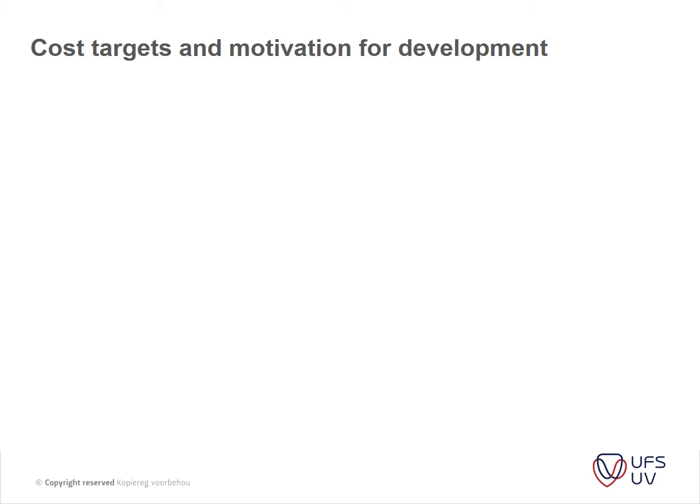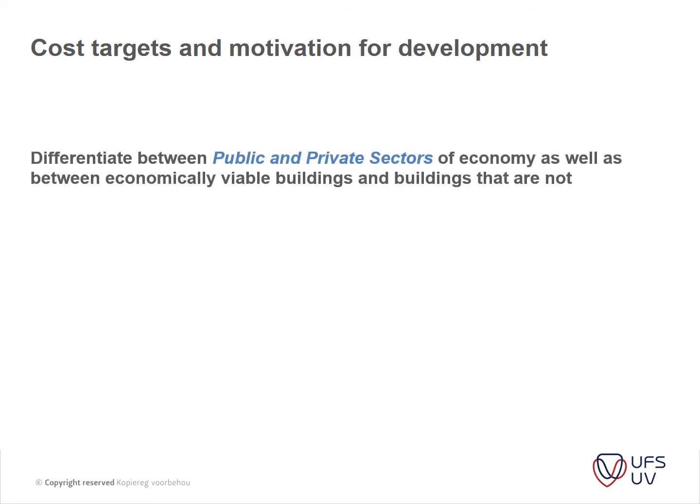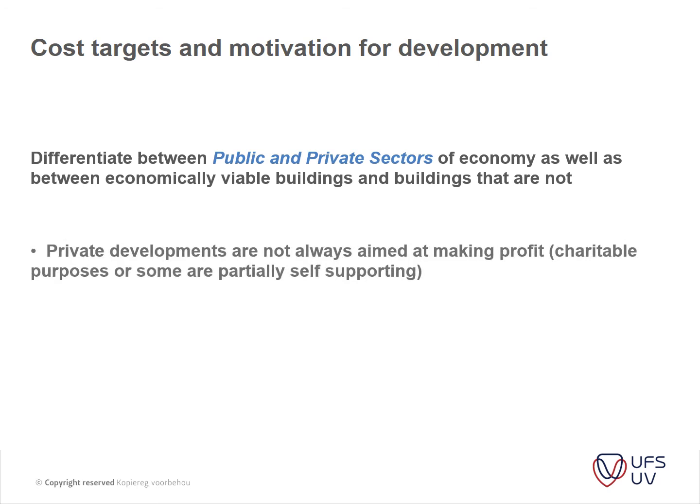Okay, so the cost targets and motivation for development. There's a difference between the public and private sectors of the economy, as well as between economically viable buildings and buildings that are not. So private developments are not always aimed at making a profit.